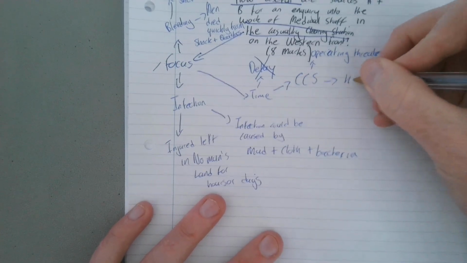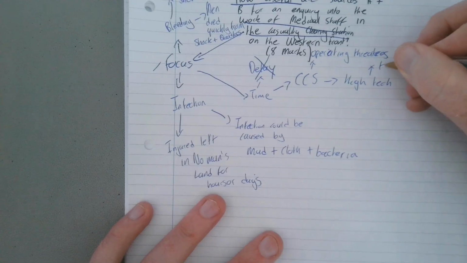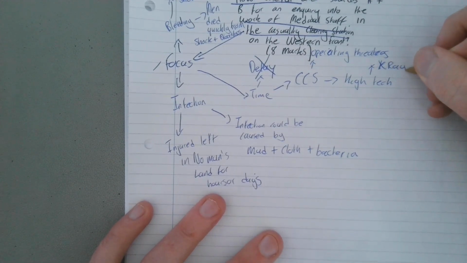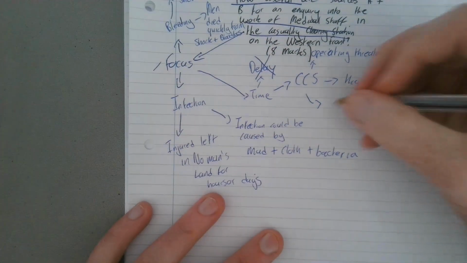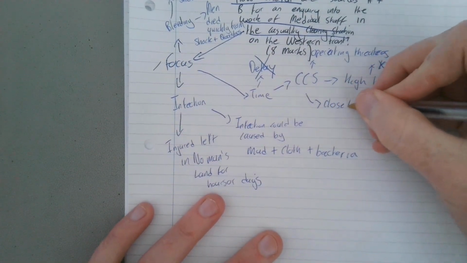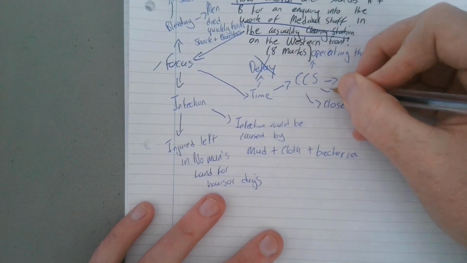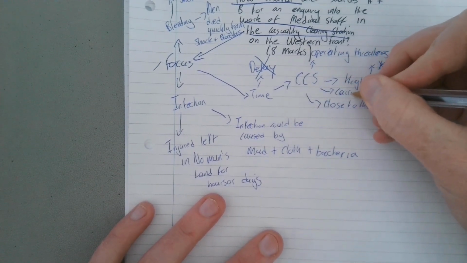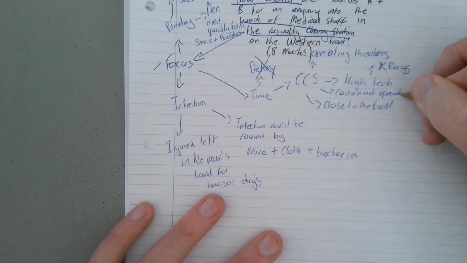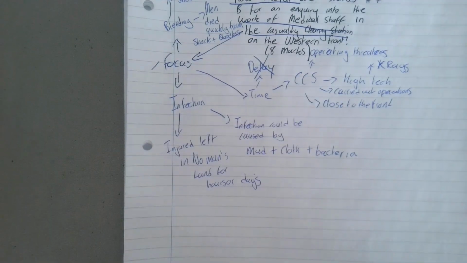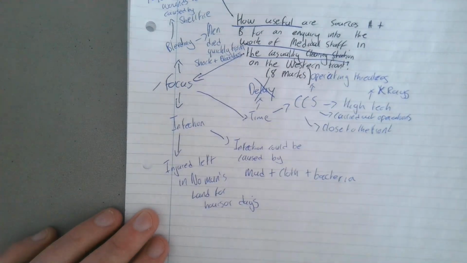Some had high tech equipment, like X-rays. What else do we know about casualty clearing stations? They were close to the front, and they carried out operations. So when it comes to using phrases like "I know from my own knowledge," I'm going to try and nick facts from bleeding, infection, time.